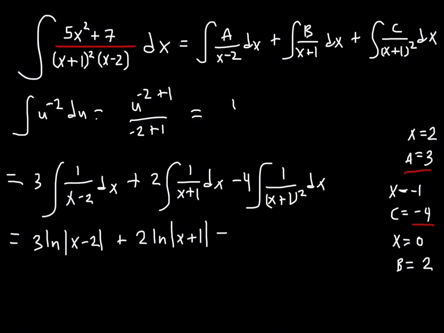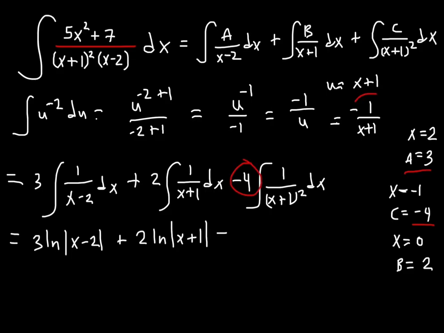This gives u to the power of negative 1 over negative 1. So this gives negative 1 over u. And then earlier I said that u is equal to x plus 1. So this is simply negative 1 over x plus 1.